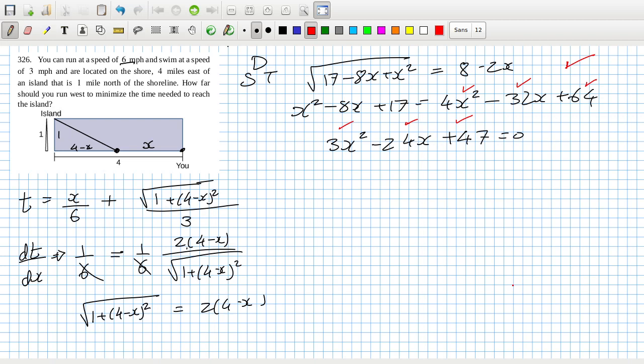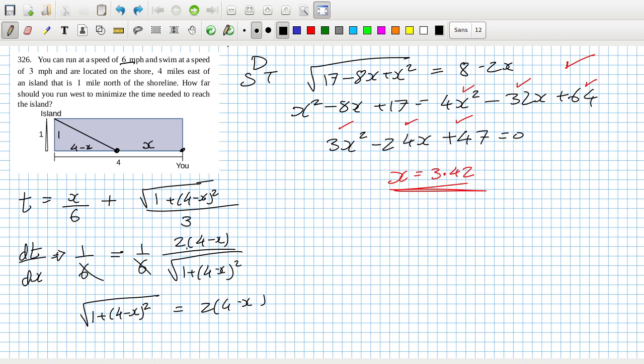Now, the answer, interestingly, is 3.42 on the software. So there must be a reason to reject the other answer, and it must have to do with this needing to be positive, perhaps. Oh no, that's going to be positive.